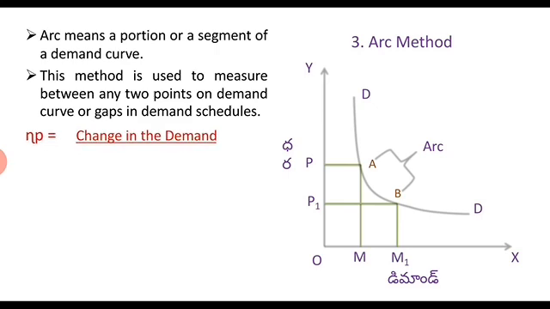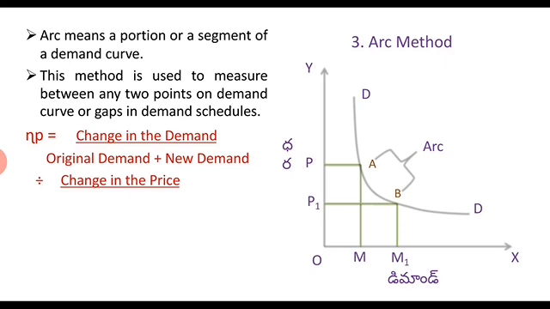Eta P is equal to change in demand by original demand plus new demand, divided by change in price by original price plus new price.